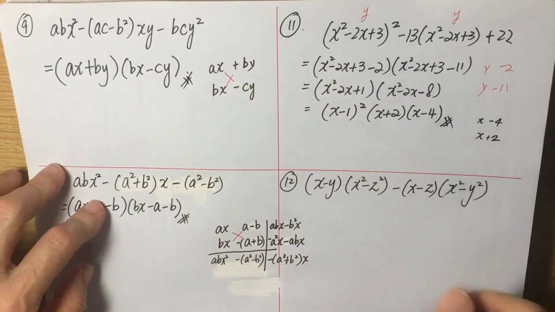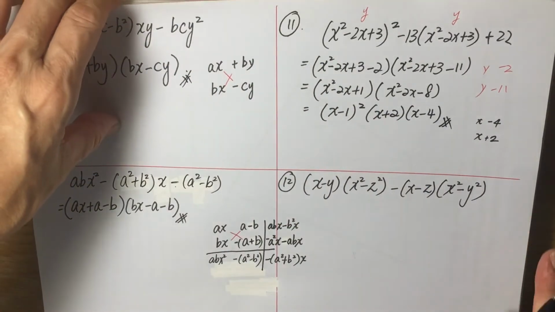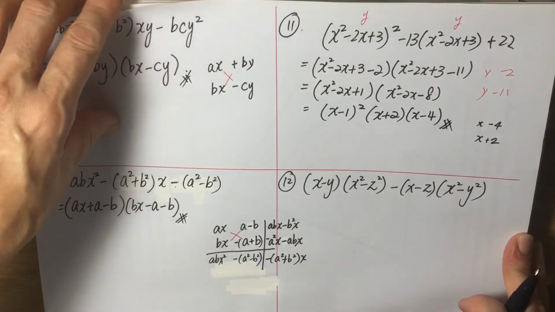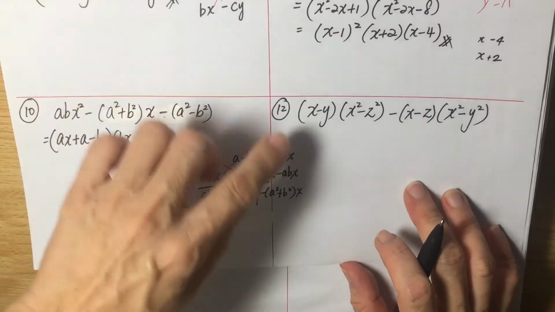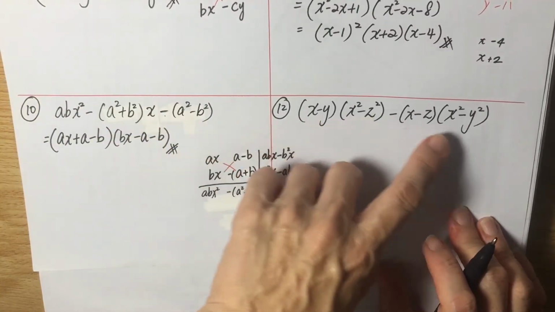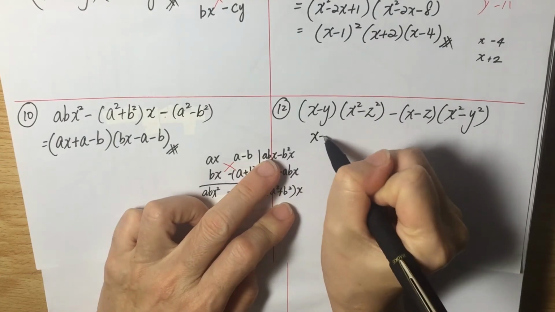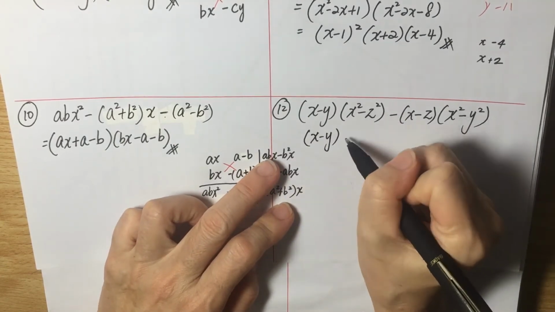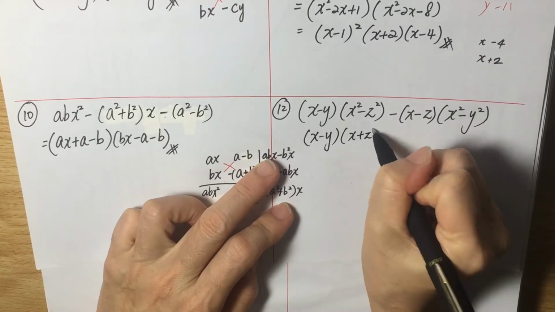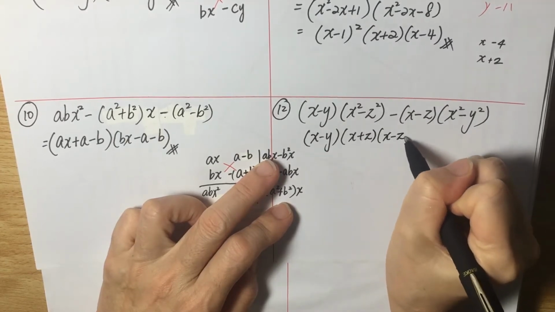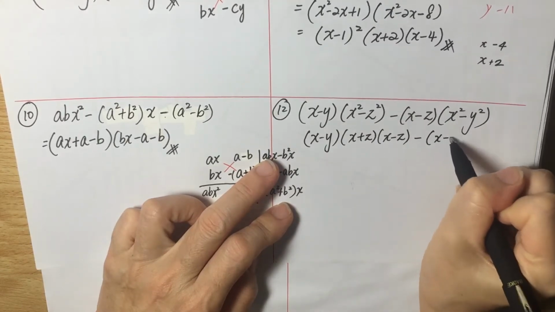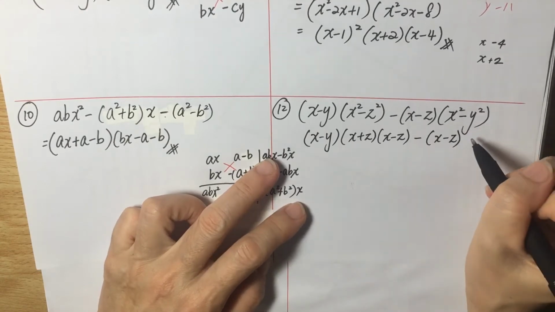Okay, next one. You can see that you can factorize this one, and this one. When you factorize this, you get x minus y unchanged. This will be x plus z and x minus z. And x minus z unchanged.